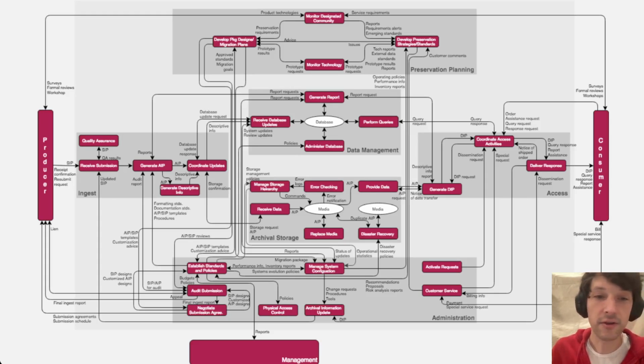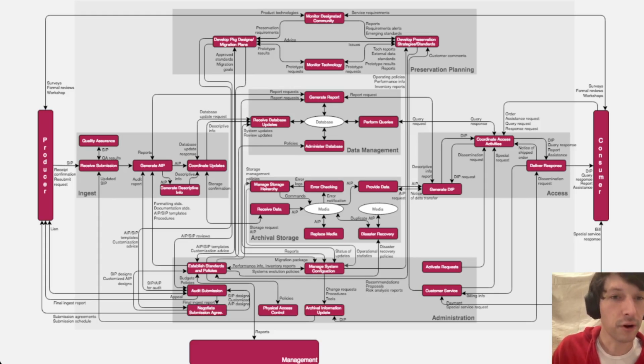So let's talk about that generation of the DIP. What happens at that point in time? Well, OAS gives us another huge block of text, and so we're going to break this down piece by piece. Looking at this overall, you can see that this generate DIP function accepts a request and then retrieves an APE.